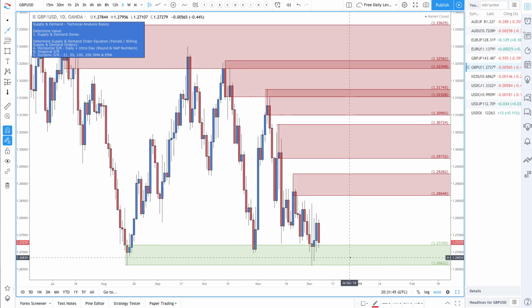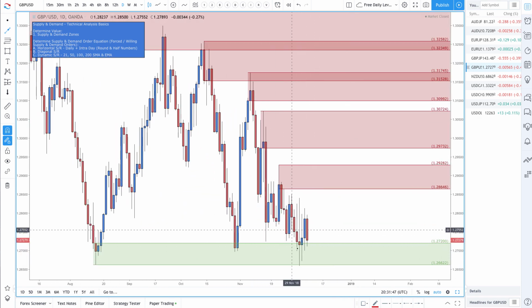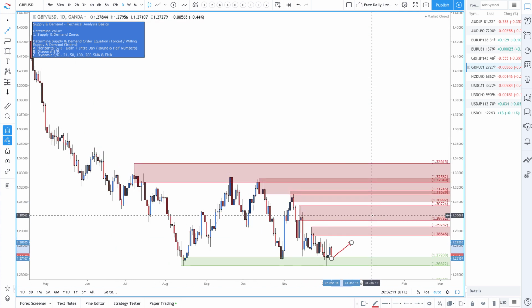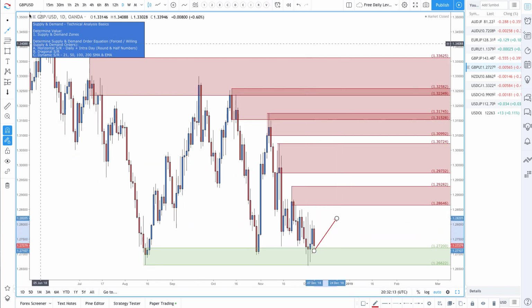When it comes to ranges, if you think that this is a bargain area, this was once a bargain area here, third, fourth time touches really are not the strongest areas. The areas of demand and supply get weaker the more they are touched. But if you do think that the pound is a bargain down here, then now is the time to look for a buy trade.